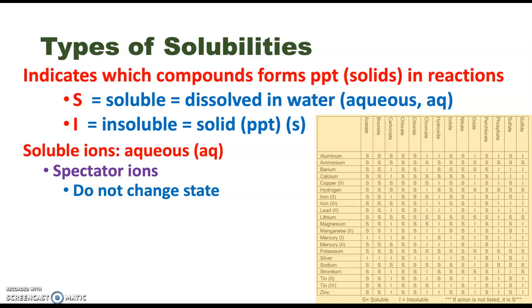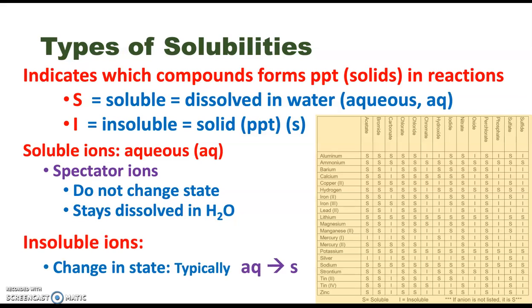That's a little bit above where we're at, and I can explain it in better detail in class. We're just going to leave it at that for now. They stay dissolved in water the whole time as separate ions.